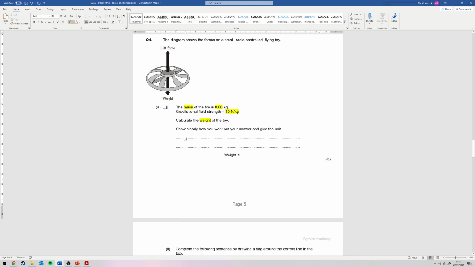Calculate the weight of the toy. Show clearly how you work out your answer and give the unit. As a hint, you will need an equation for this. If you do not know, you can guess the unit of the weight, and I'll get you 1 mark.